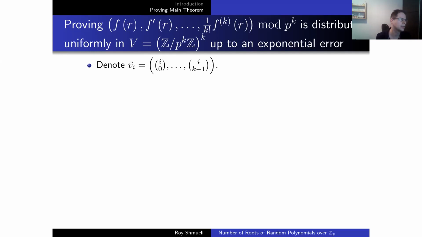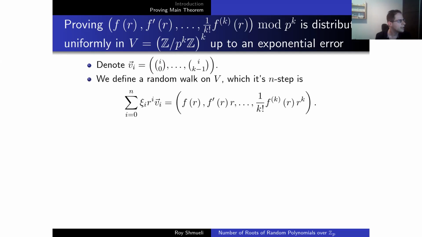I'm creating a vector with the binomial values, and I defined a random walk inside V, whose nth step is the coefficient C_i multiplied by r to the power of i multiplied by the vectors v_i, and a simple computation gives us that this is actually the vector that we are trying to show is uniform modulo p to the power of k.